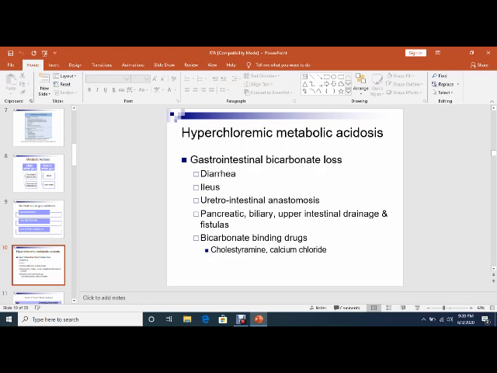There are some drugs that lead to bicarbonate binding, like cholestyramine and calcium chloride.